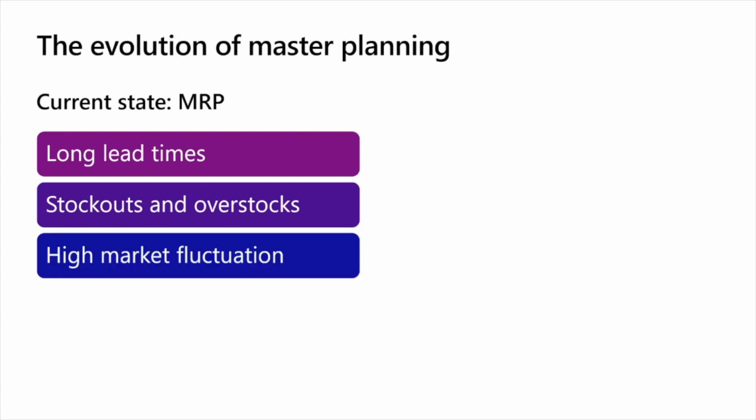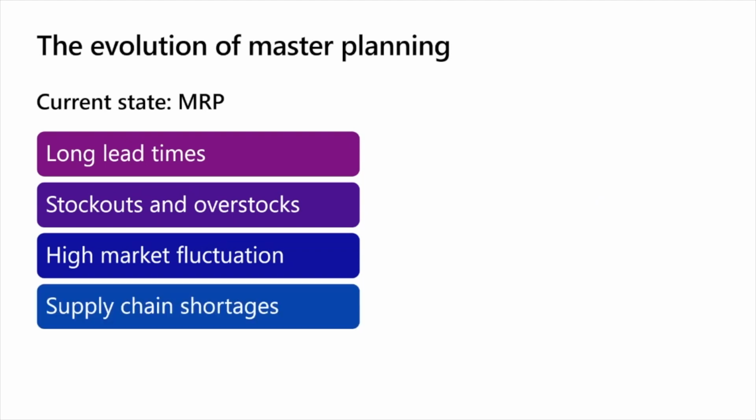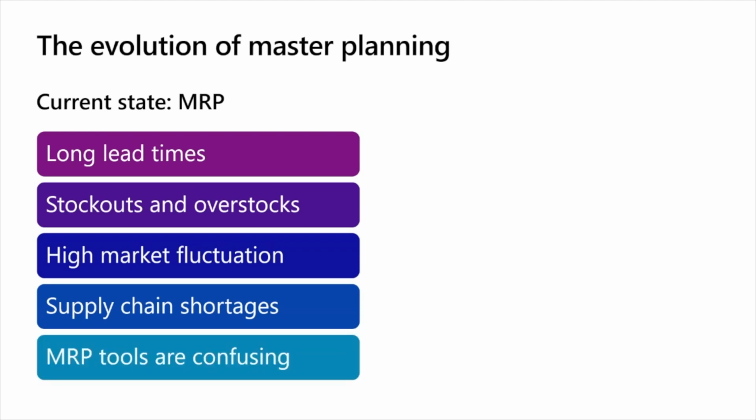There's higher market fluctuation with more variability, sometimes not accurate forecasts, and customers demanding products with a short lead time. There are also supply chain shortages all over the world. And on top of that, MRP tools many times tell you as a planner thousands of actions to do, so you do not know what to focus on.